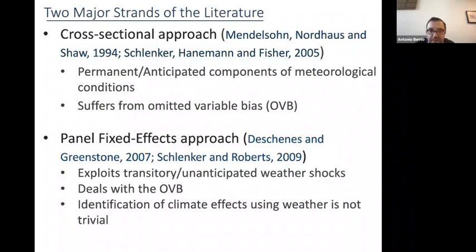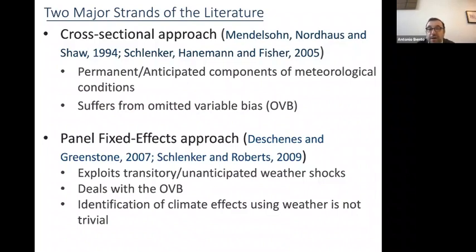Now, a more recent literature attempts to get at this problem, but doesn't do it quietly, because through the panel fixed effects approaches, and here Deschênes and Greenstone, but also actually Schlenker and Roberts have made major contributions, what you try to capture is really the transitory or unanticipated weather shocks.